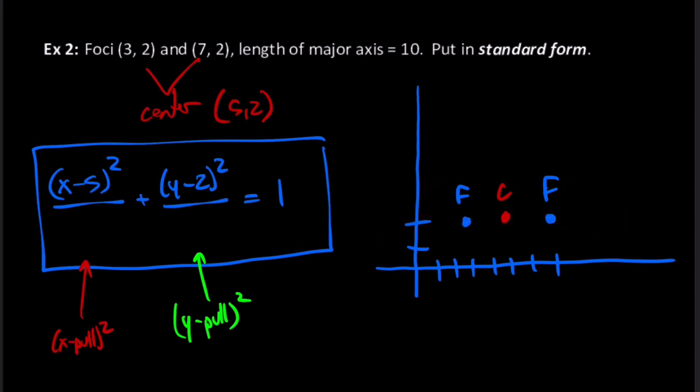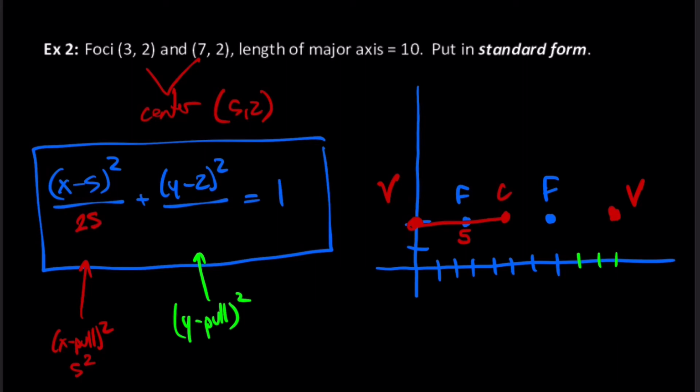So that's going to be one vertex, and that's going to be the other vertex. Now again, you don't really need to sketch the graph, but you need to understand that your x pull is going to be 5. So my x pull squared is simply 5 squared, or 25.